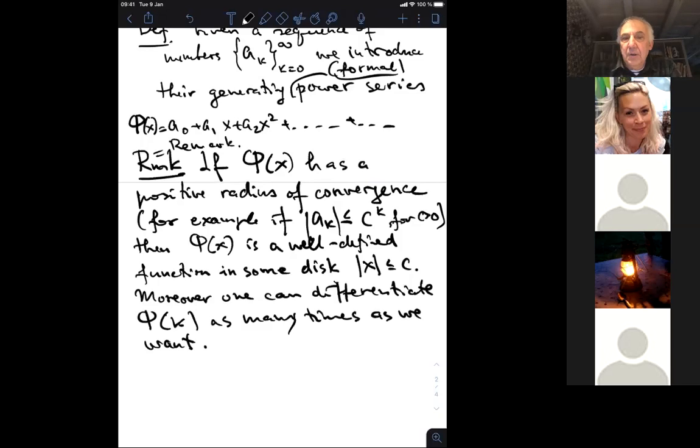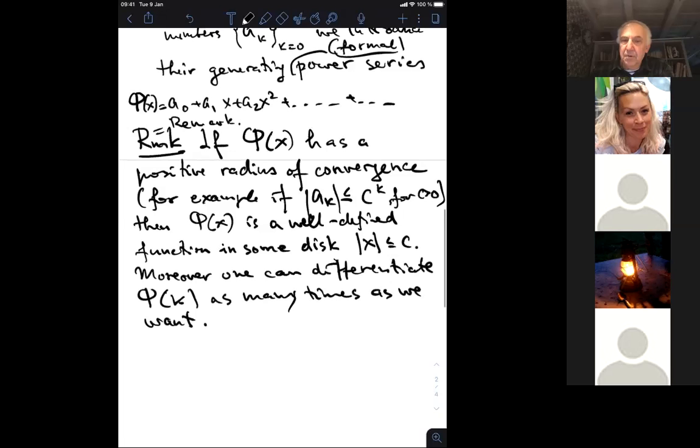So in particular, we can use the Taylor formula to calculate a_k using the derivative.